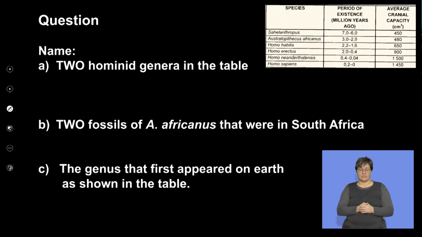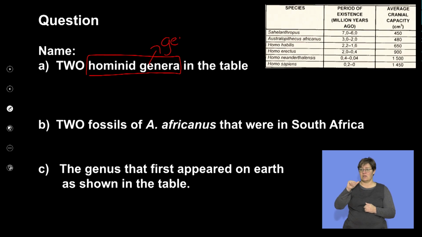Okay, so first question. Name two hominid genera. That's another word for the genus. Now, if we have a look at hominid, the hominids basically began, if you guys want to look at it, at the Australopithecus and the Homos.